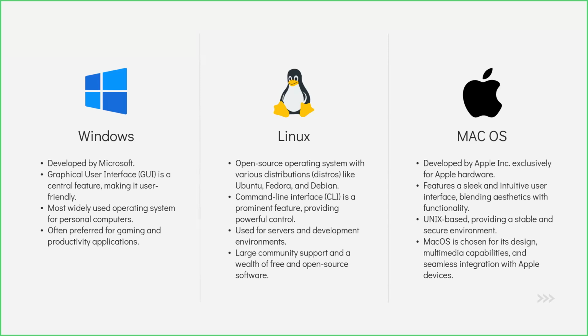You can click, drag and drop, etc. Since it's that user-friendly, it's one of the most widely used operating systems for personal computers, often preferred for gaming, productivity applications, or leisure activities. On the other hand, Linux was built specifically from a point of view where this is for developer environments. But later on, you also had client-based operating system environments as well.